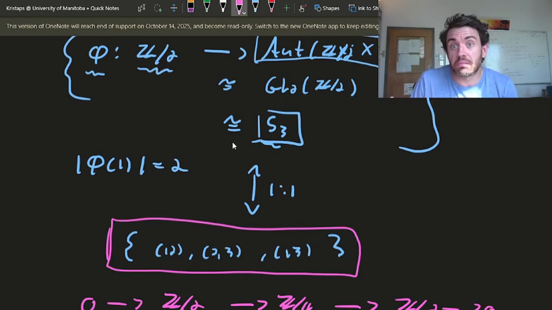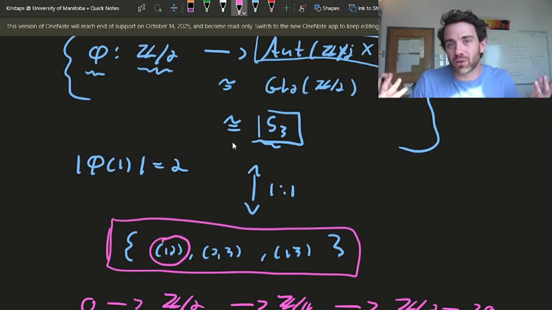Well, they would have to be, if we're already relying on the classification of groups of order 8, well, we haven't dug into the computation quite yet, but as you might imagine, they're going to be non-abelian for the exact same reason. So maybe I'll leave that to you as homework. But we have to pick one of these to correspond to a non-trivial homomorphism.